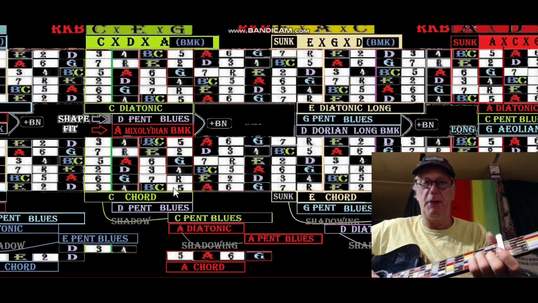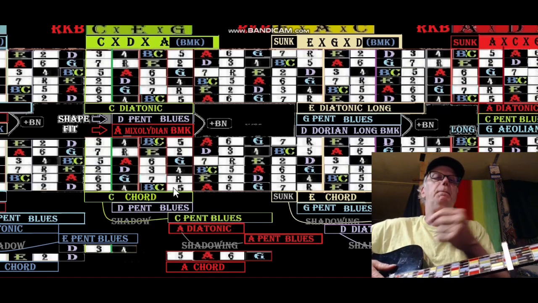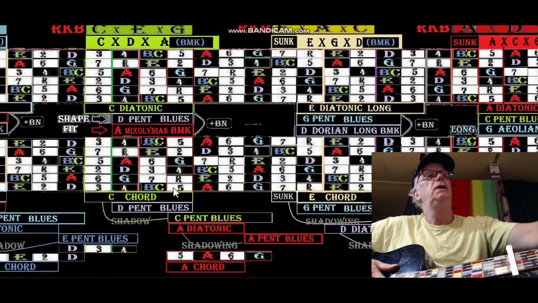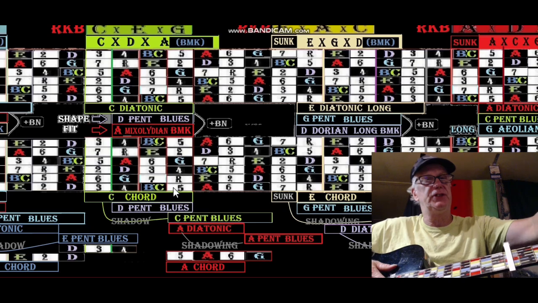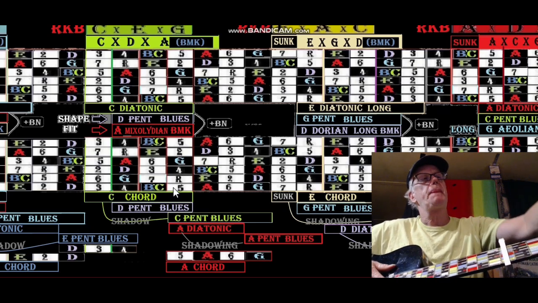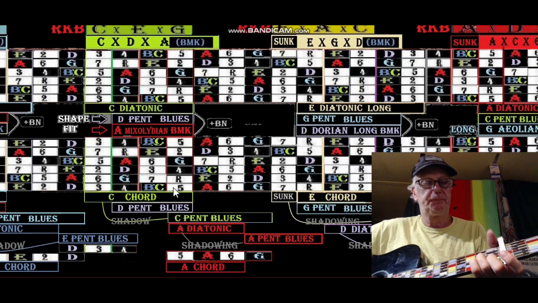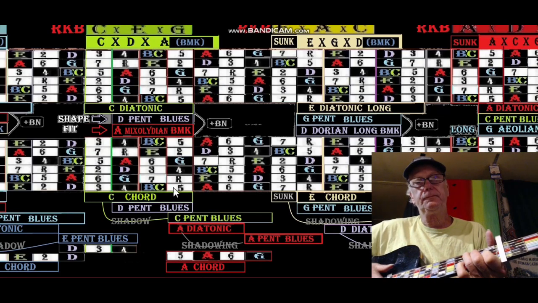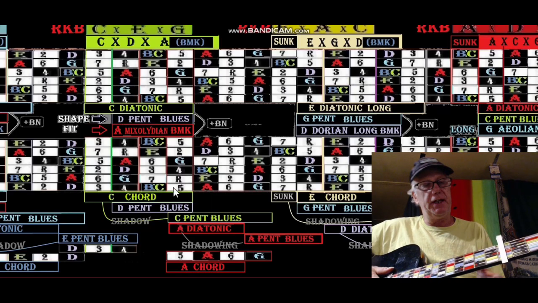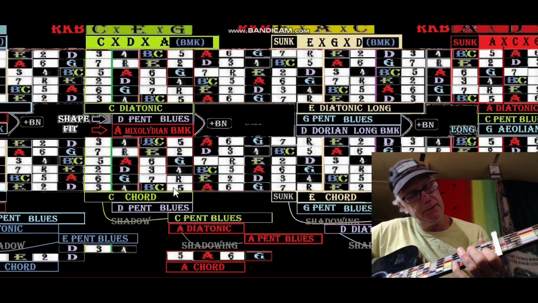Similarly, if you have A minor, its parent major key is going to be one pentatonic advance in a C pentatonic scale. So it goes, A goes to C again.